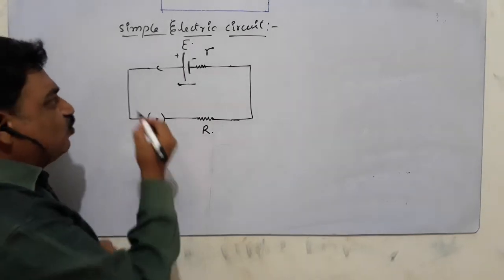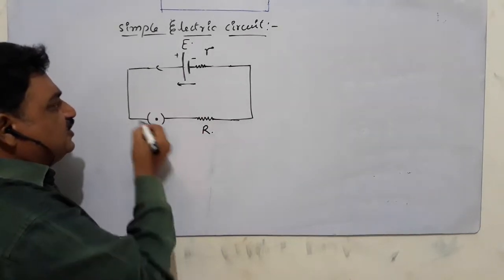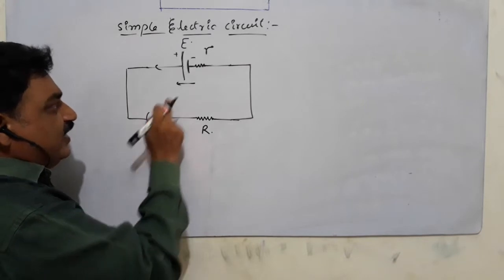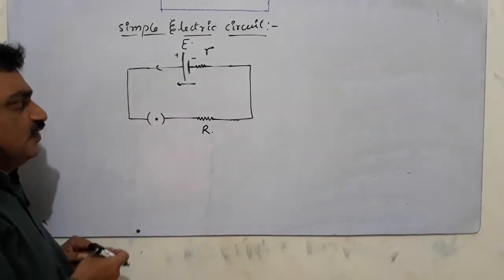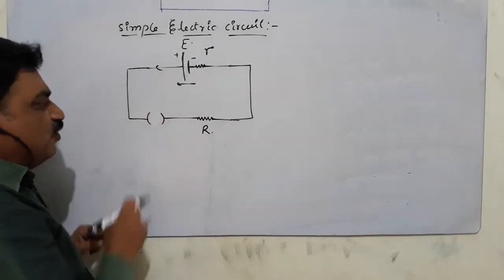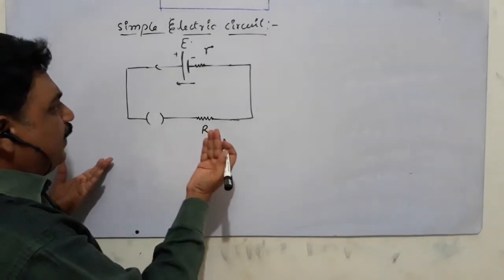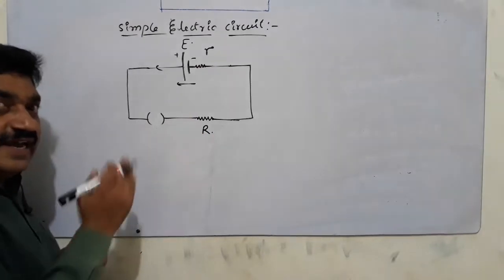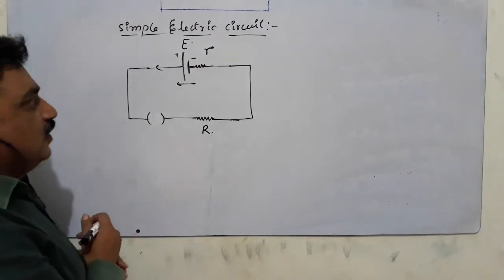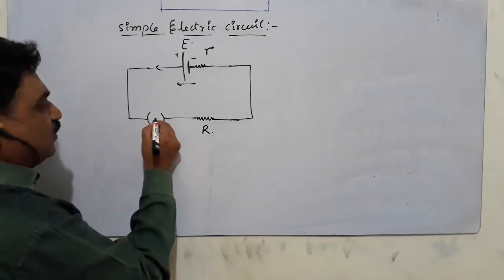So when and only when the circuit is closed, then only current flows. If the key is removed from this tap key arrangement, the circuit will be open and therefore the current becomes zero.